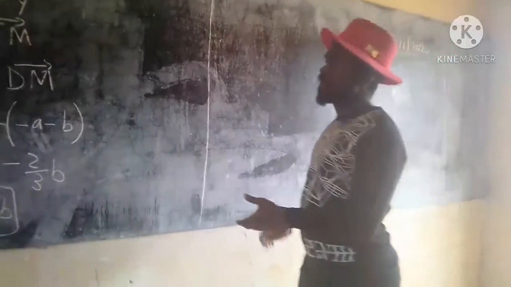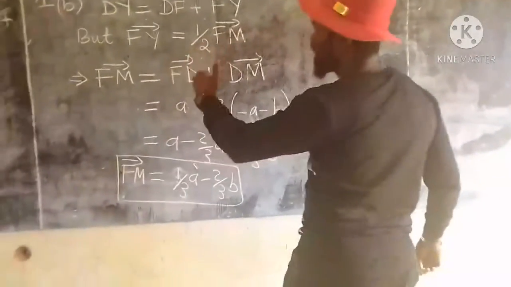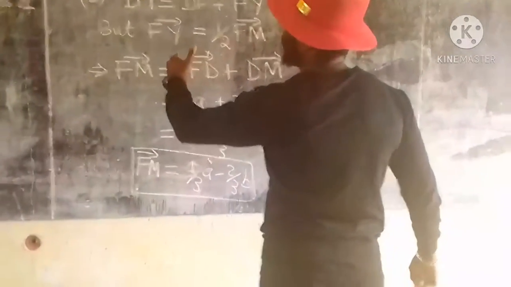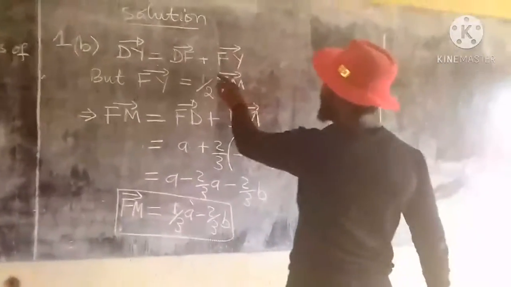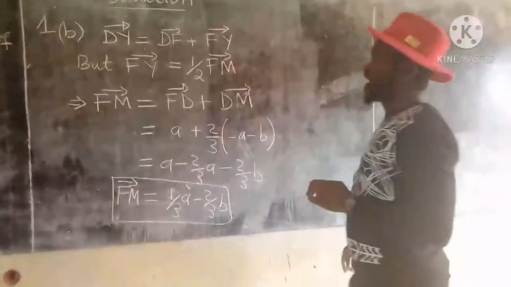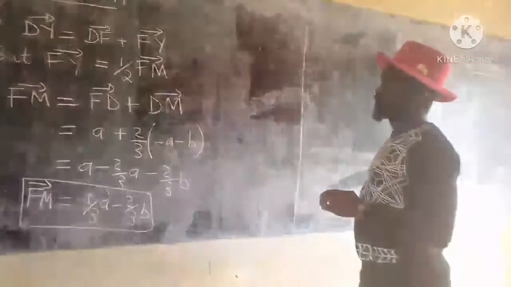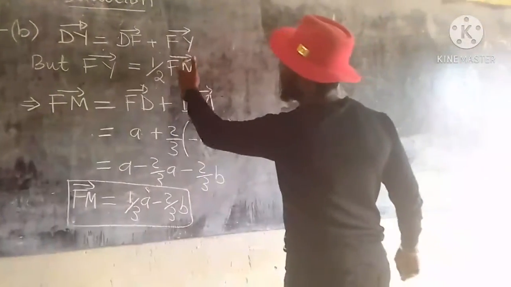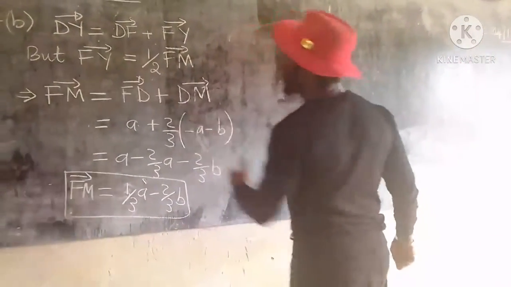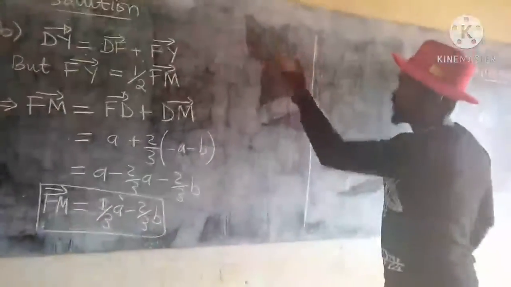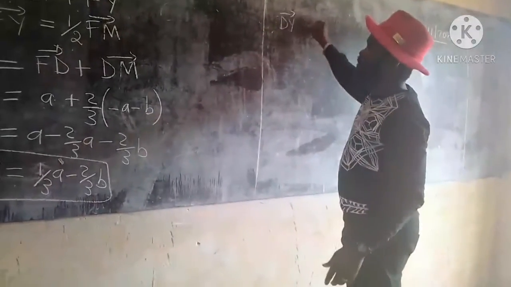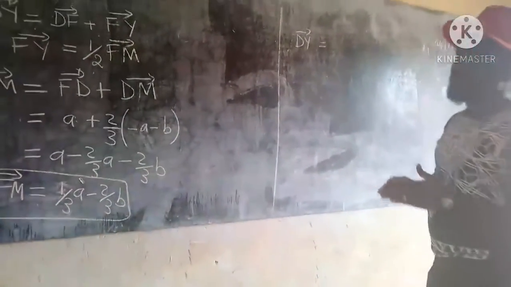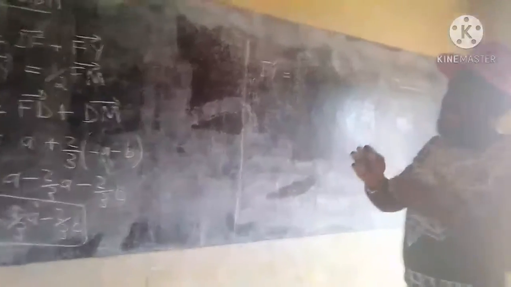So in the part that follows, we actually wanted to work with dy. Now we have an idea of what our Fm is. We can simply substitute it there so that we now have Fy. So we can go about the first part of it that says we should look for dy. Dy then should be equal to our df.